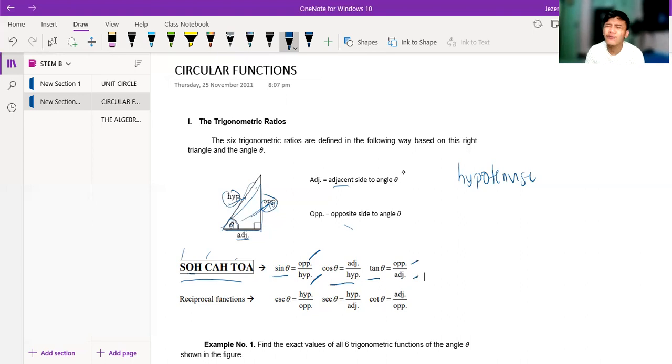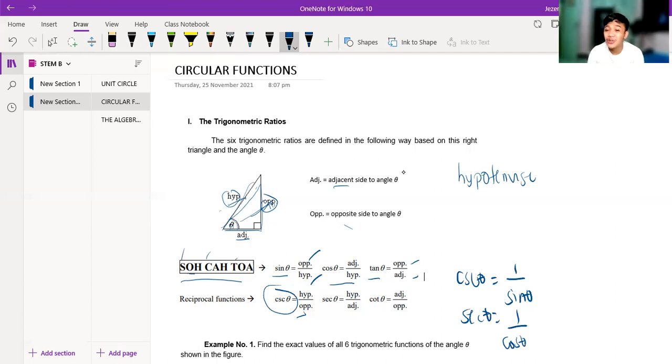Okay? Now let's flip them. Hypotenuse over opposite is called cosecant theta. Therefore, cosecant theta equals 1 over sine, because we just flipped sine. Likewise secant is hypotenuse over adjacent, meaning secant equals 1 over cosine.